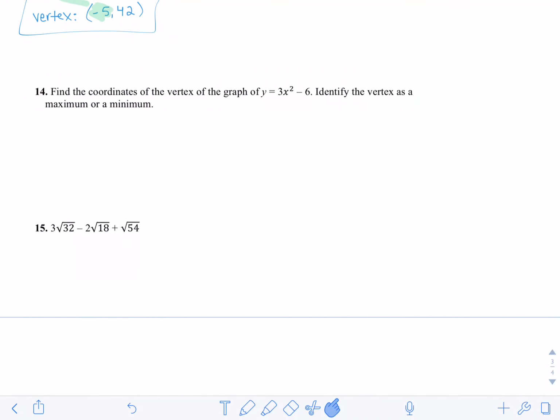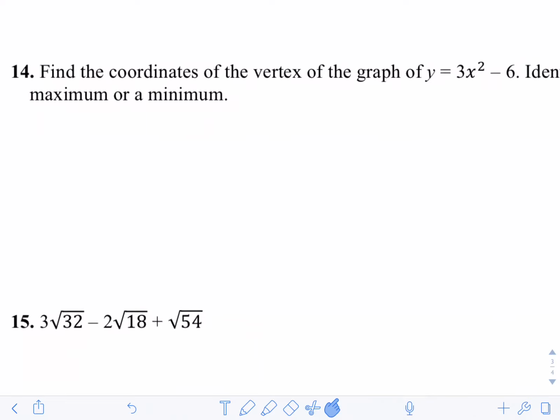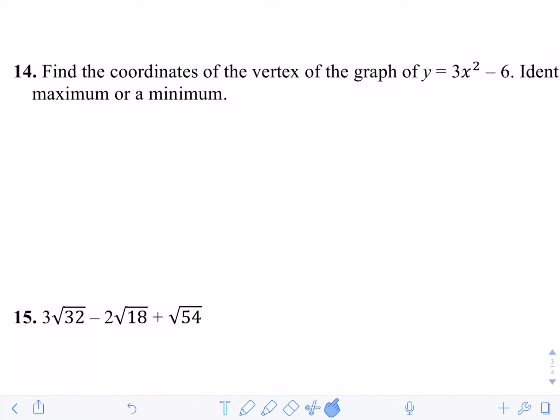Okay, 14, find the coordinates of the vertex of the graph y equals 3x squared minus 6. Identify the vertex as a max or a min. So y equals 3x squared minus 6, zoom 0, because that always makes the window really nice. That's a min, so I can go ahead and write down that I have a minimum. And so my vertex is whatever those points are for that minimum.